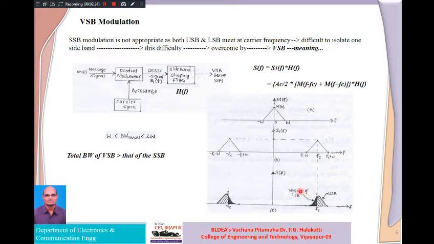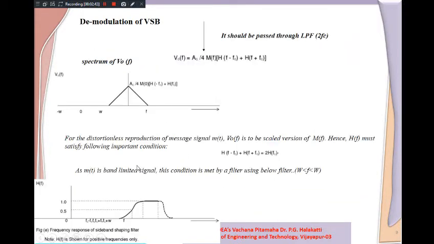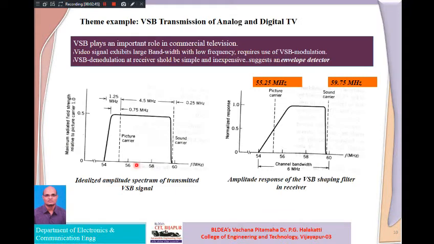That is known as a vestige of LSB or USB. So that is known as vestigial sideband modulation. The bandwidth required for VSB is also enhanced compared to the SSB, which is actually required in case of VSB for the transmission of video.